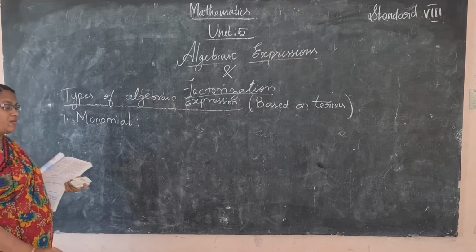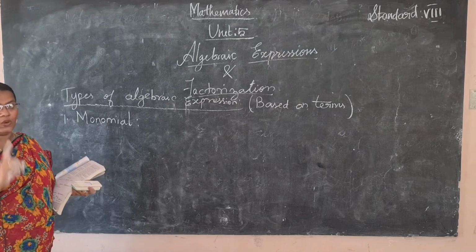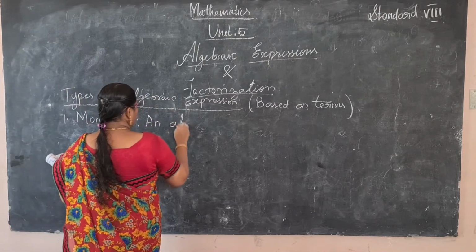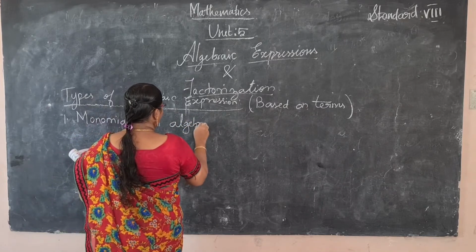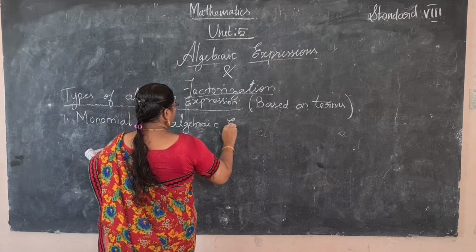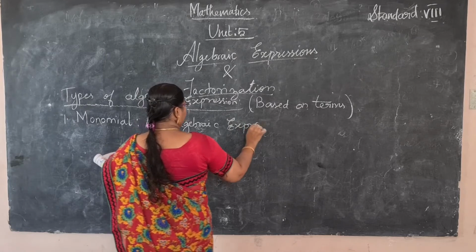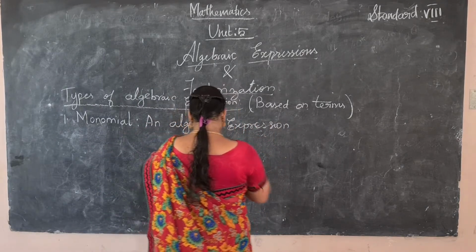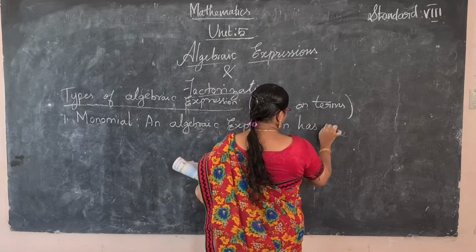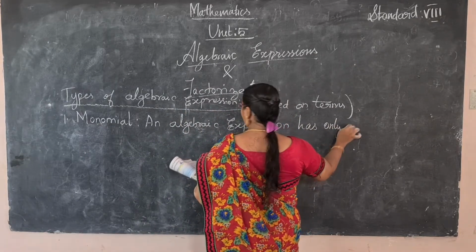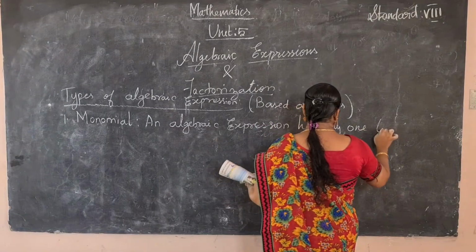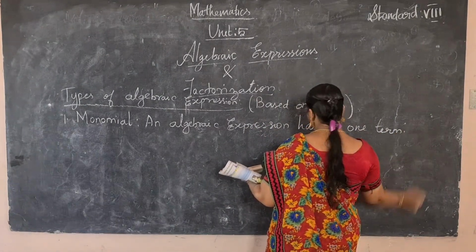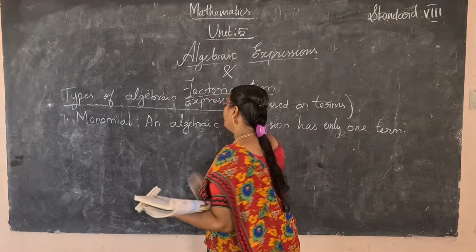An algebraic expression that has only one term is called a monomial.